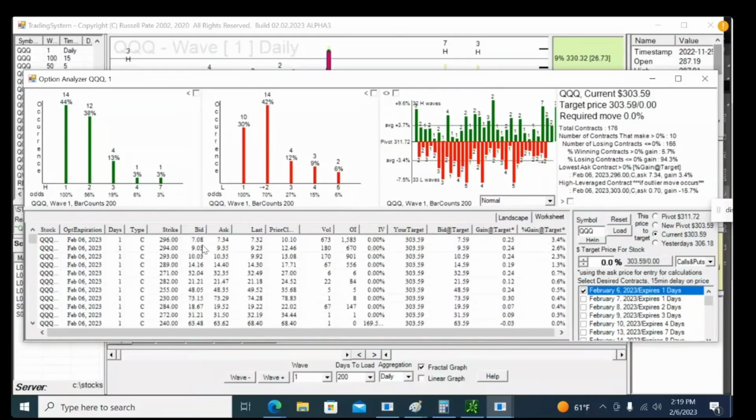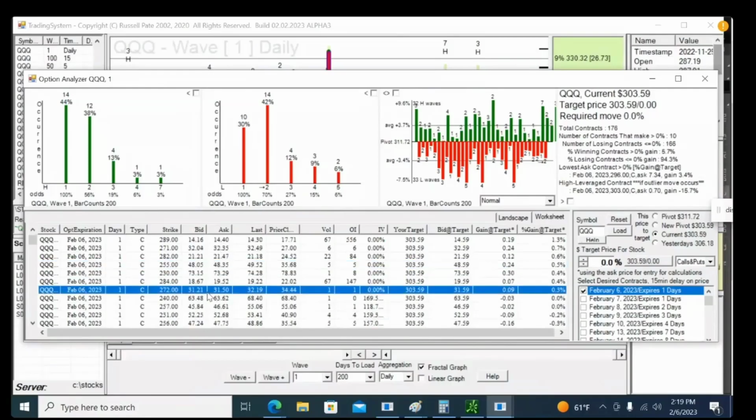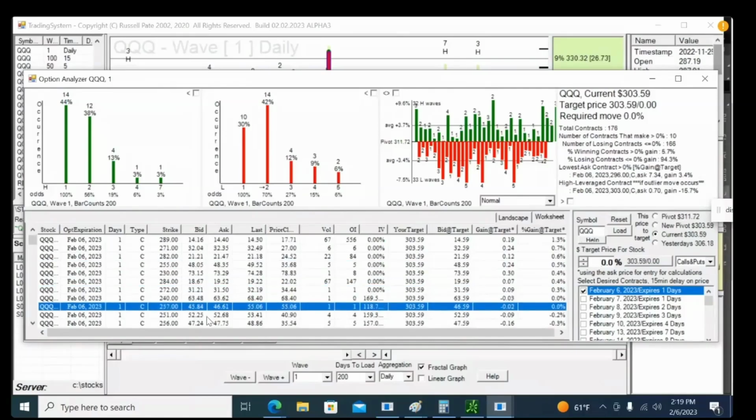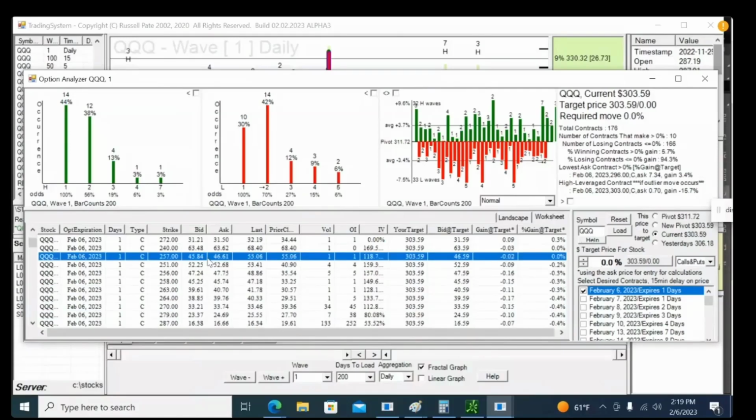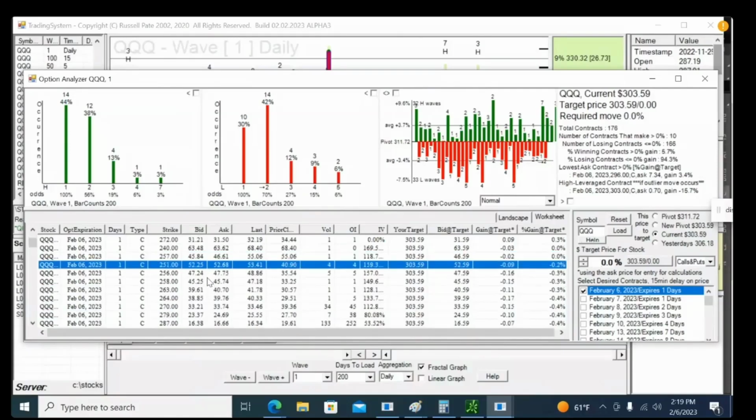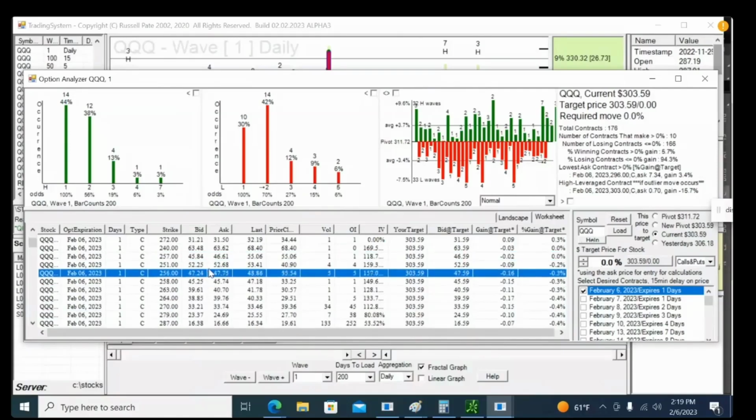Because of that, you never truly get the number of winning contracts to zero. The only way it'd get to zero is if the bid and ask collapsed to the same price. As you move through, you'll see that it gets closer and closer. There are idiosyncrasies like that one. They should be a lot tighter than that.